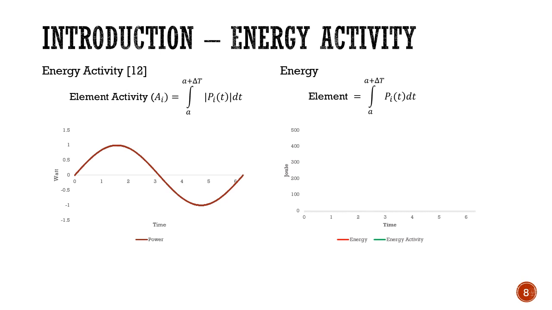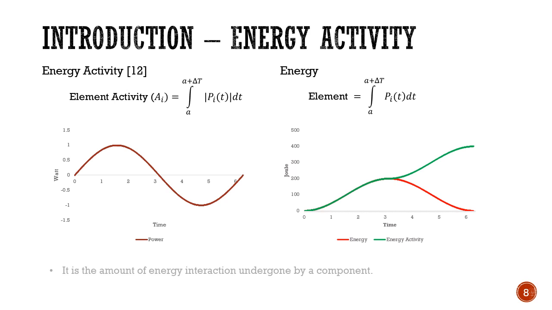For the same, the energy is given as this curve, but the energy activity is like this. Therefore, it is the amount of total energy interaction the component has undergone. As the total interaction always increases with time, the energy activity also always increases and it never decreases with time.